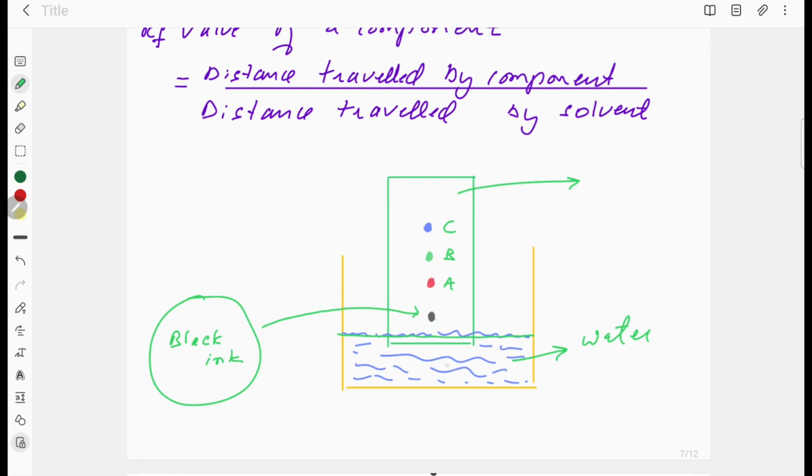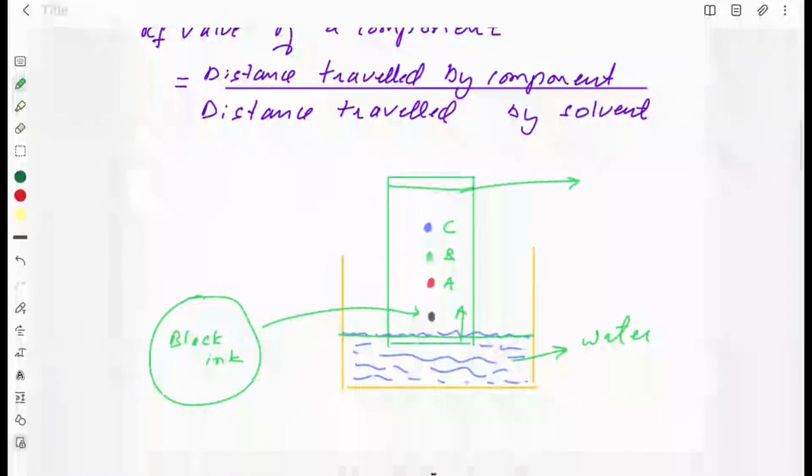Now by capillary action, water will rise up and will dissolve this black ink, and this water keeps on rising till it reaches some point near the top. Now if you take this filter paper or chromatography paper out from here, you can spot 3 dots, A, B and C. So we can conclude that this black ink is made up of A, B and C type of dyes.